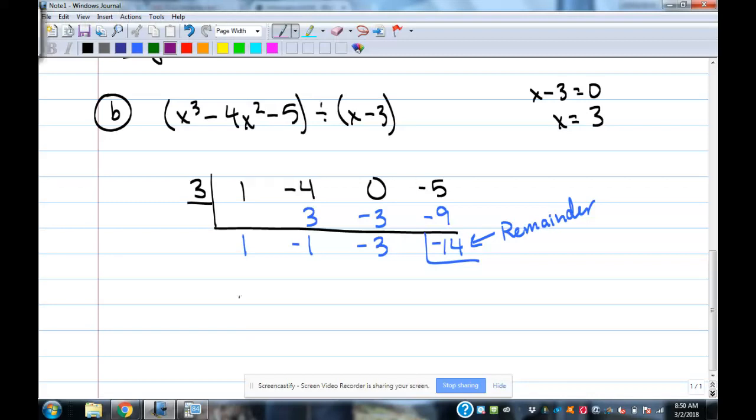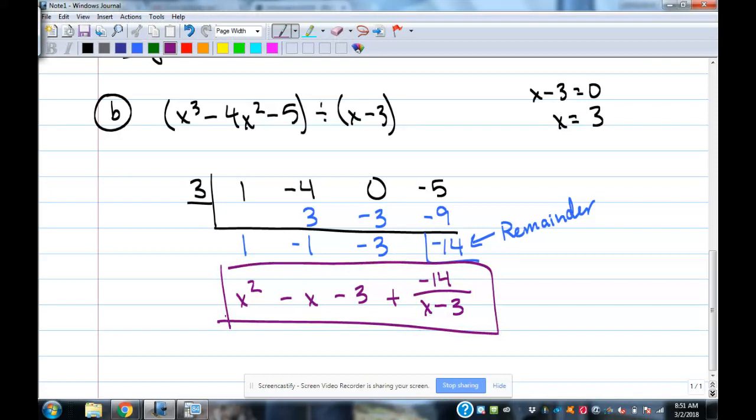So this turns into 1x squared minus 1x minus 3, and then the remainder, we're going to put plus negative 14 over x minus 3. That better be the same answer we got in example A, and it is. Synthetic division always reduces your degree by 1. That's fairly important.